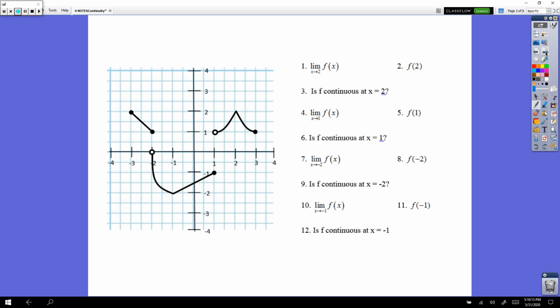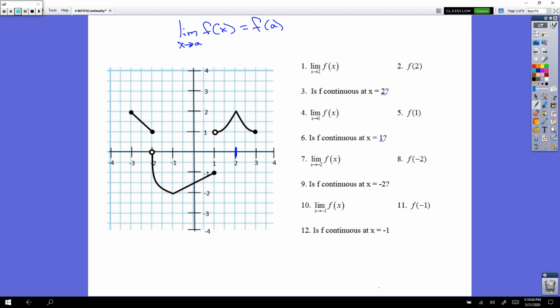So let's look at our first few examples here. Again, 1 through 12 is going to come from this graph. So we'll start by finding the limit as x approaches 2 of f of x. Here's that theorem: the limit as x approaches a of f of x has to equal f of a. So I look at my graph. Here is x equals 2.